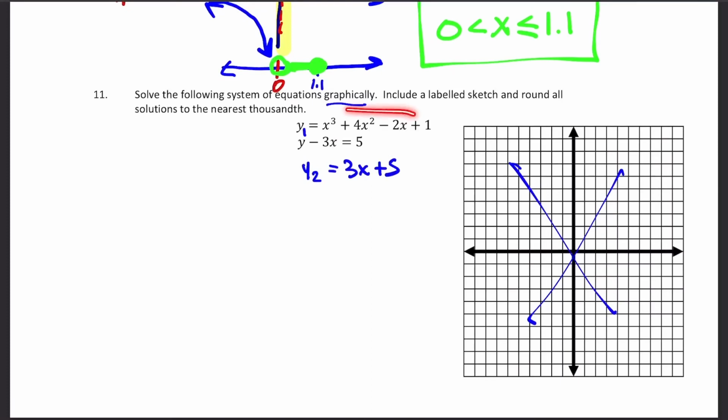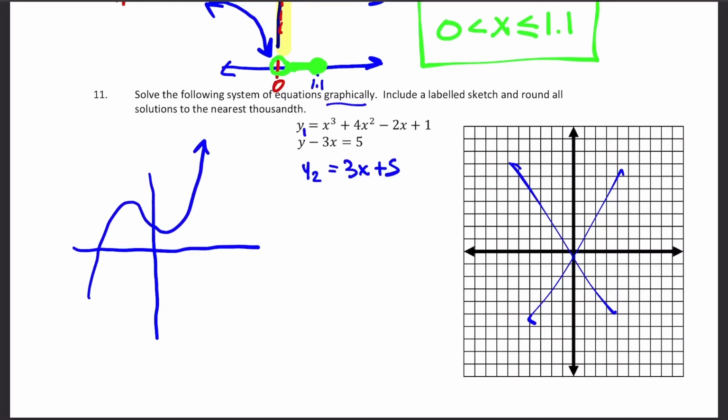You're going to put both of these into your calculator, and you're going to show us a sketch. I'll show you what I did for my window. So it looks like I have something sort of like that. That's going to be your y1, the cubic, obviously.